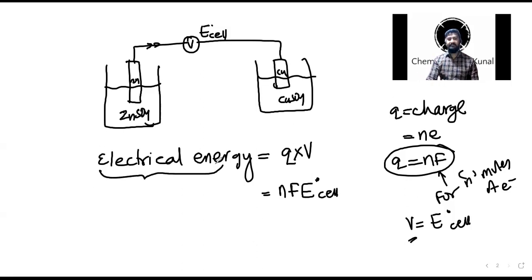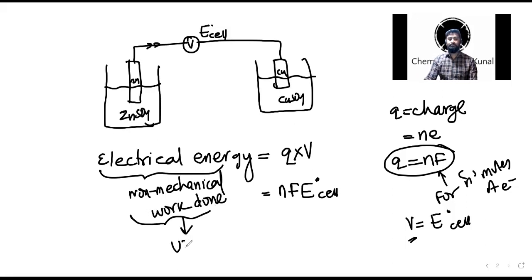What is electric energy? This is the non-mechanical work done, right? And in thermodynamics, what do we call the non-mechanical work done? Yes, you are correct. Useful work. So how do we find the maximum useful work done? We find it using a very special term called Gibbs free energy.